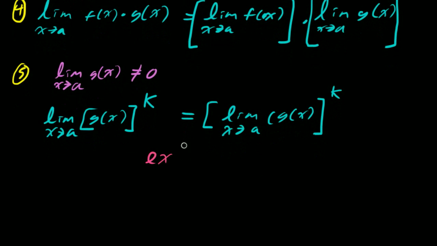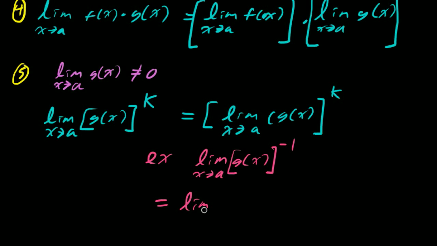If we had the limit as x approaches a of the function g of x, all of that raised to the -1 power, then we can say that that's going to be equal to 1 over the limit as x approaches a of the function g of x.